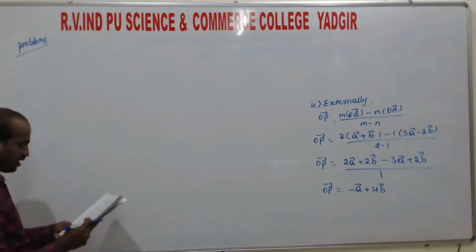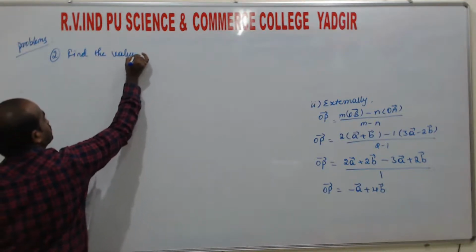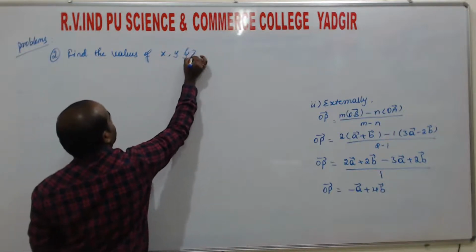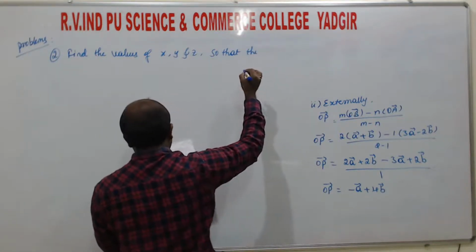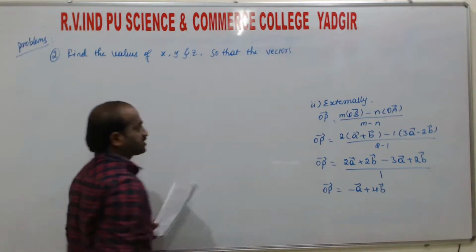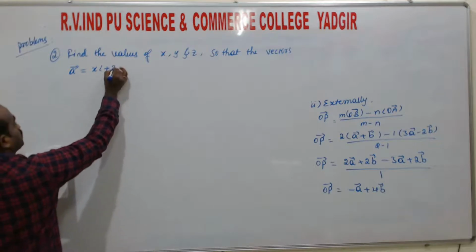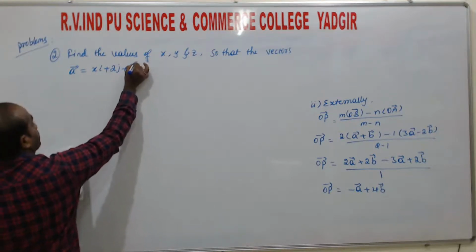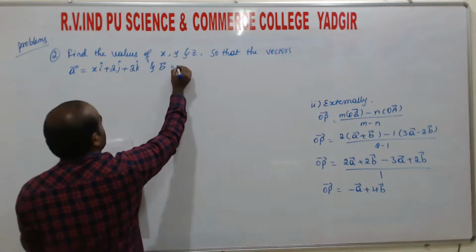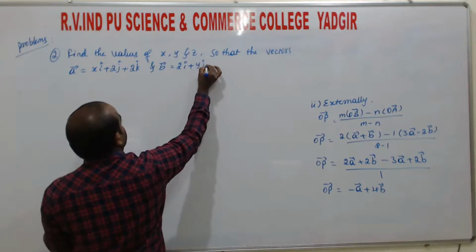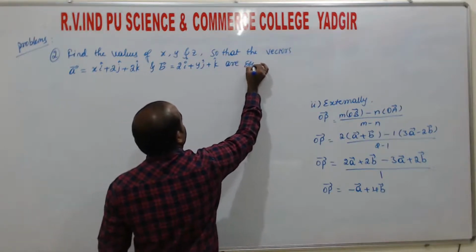Next, second question. Find the values of x, y, and z so that the vectors a vector equal to xi plus 2j plus zk in component form, and b vector equal to 2i plus yj plus k are equal.